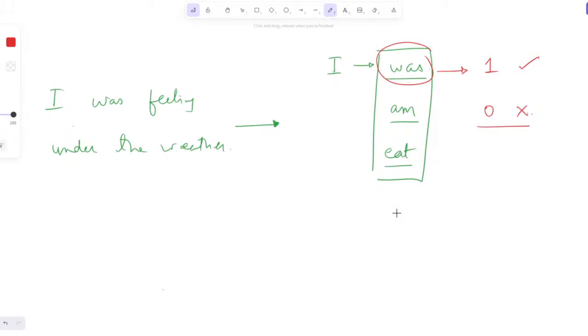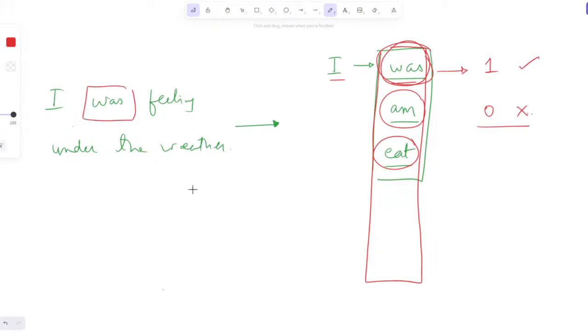Our objective is that in the output, if we take the entire English vocabulary and then find the probabilities of each of the words that you could have output as a model: I was, I am, I eat. I am just going to look at the actual word was. I'm going to come here and see what was the probability of you coming up with this word.